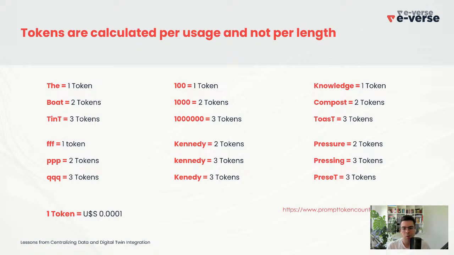For example, if you send FFF to ChatGPT, it costs one token. But if you send PPP, it's two tokens, and QQQ is three tokens. And this varies because it's based on how often this combination is used in our language. So you can never know how much it's going to be.